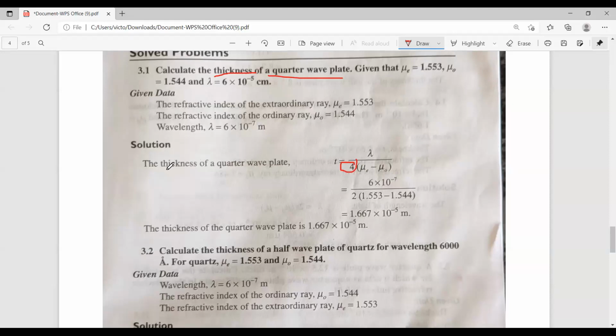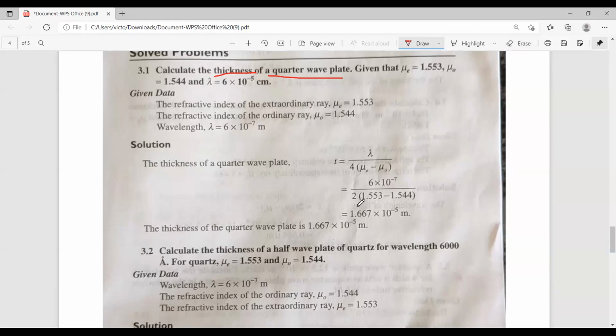Then we get the expression for the thickness of the half wave plate. So the thickness of quarter wave plate is T is equal to lambda by 4 into mu E minus mu O. So substitute the lambda value here, 6 into 10 power minus 7.